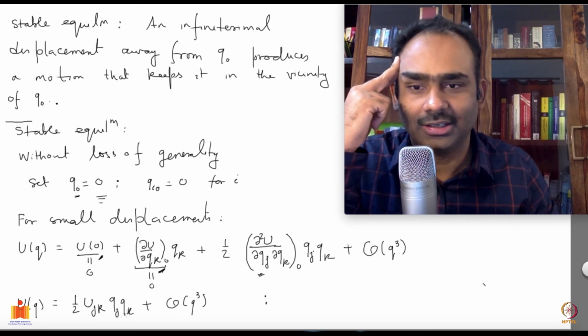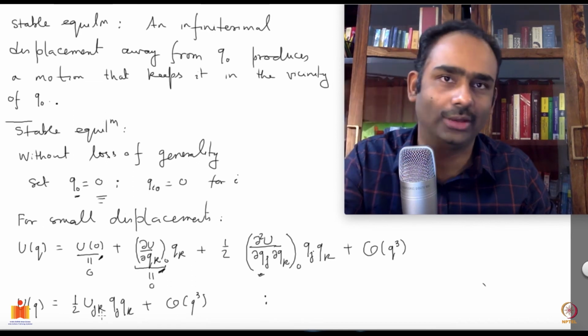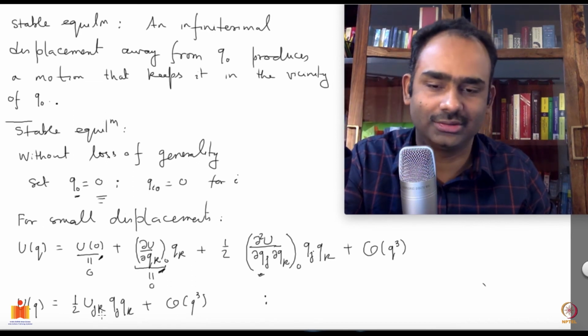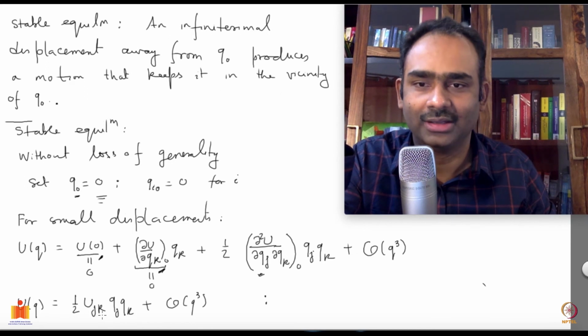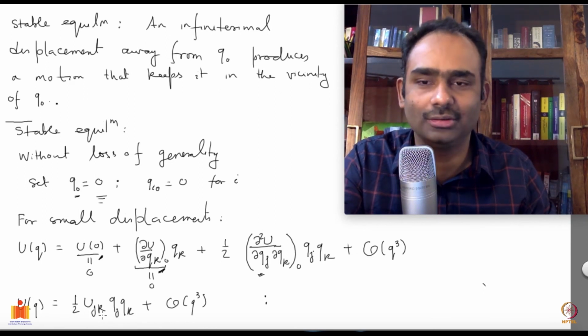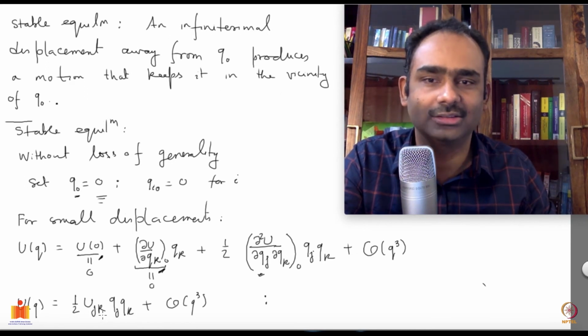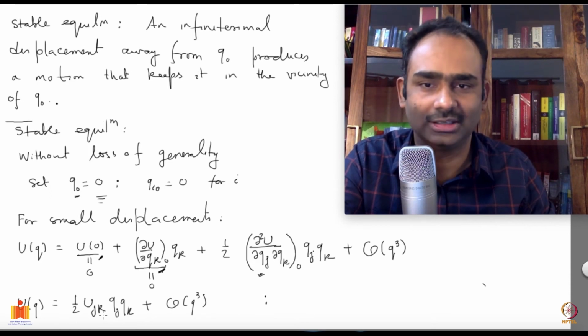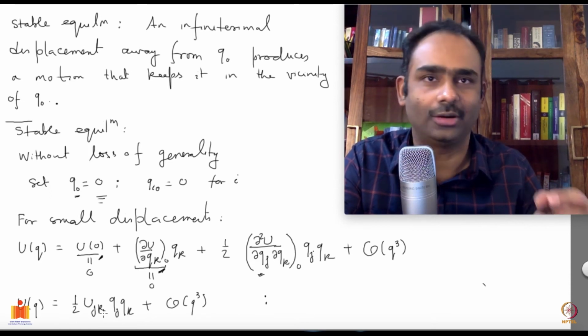See, if you look at J and K, they run from 1 to n. That's the number of degrees of freedom you have. So these U_JK, they are n squared numbers, total n squared in number, and they form a matrix.